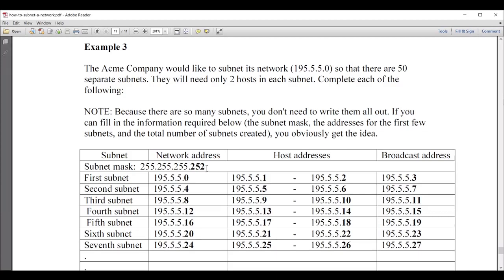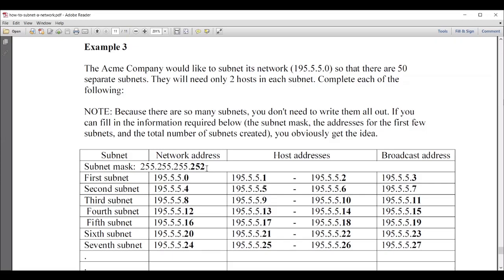That means 4 addresses they can make, but only 2 addresses they can utilize, because another 2 addresses will be used for the broadcast address and the network identification address. So when they deduct 2 from 4, 2 is remaining. That means they can utilize only 2 IP addresses. So that's why this change came, right?